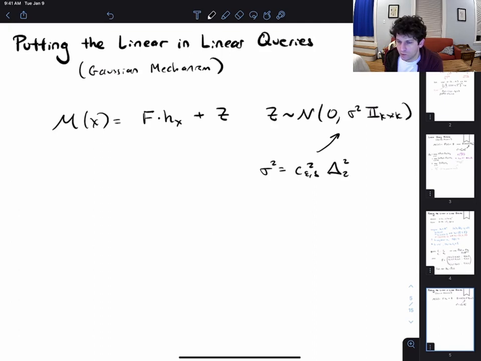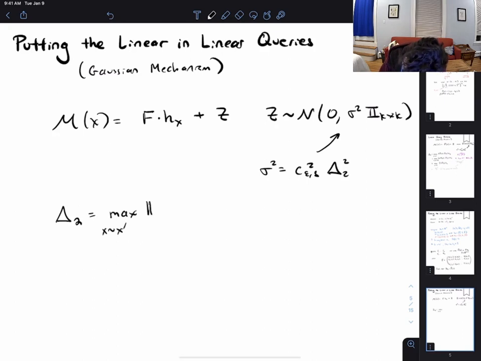And what is the L2 sensitivity? So the L2 sensitivity is max over neighboring data sets of f times the histogram on one data set minus the histogram on the other data set.